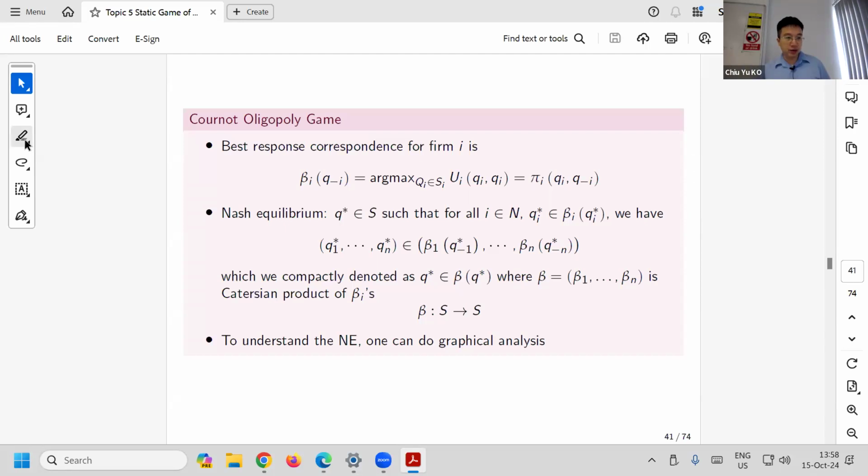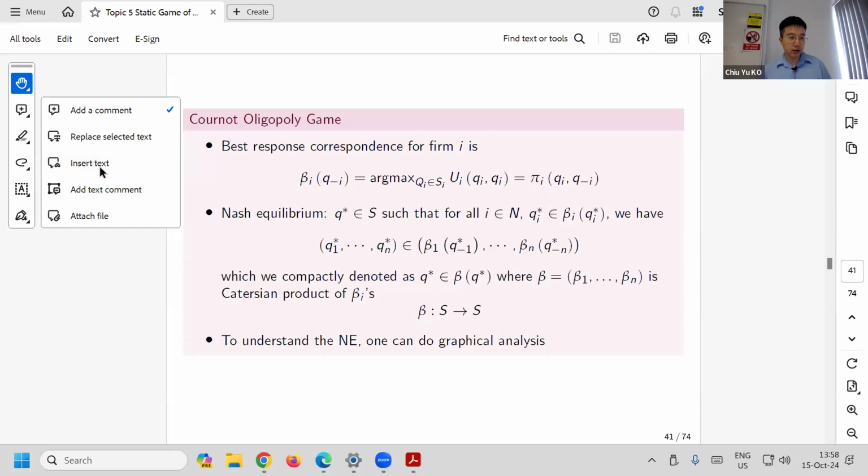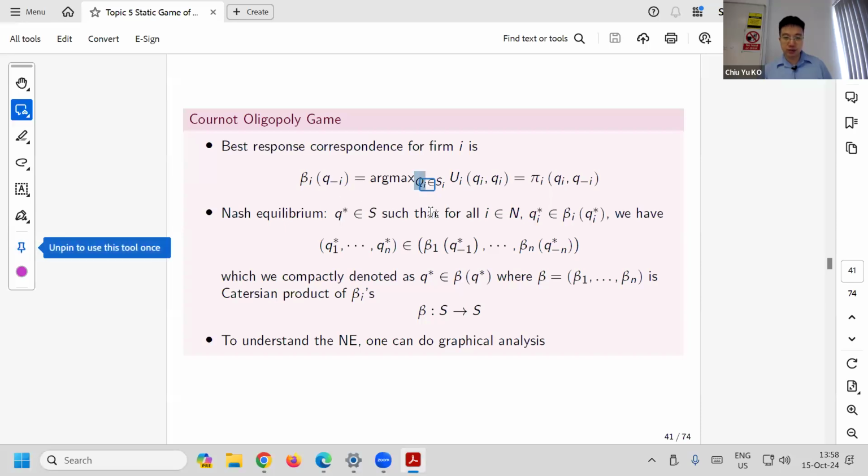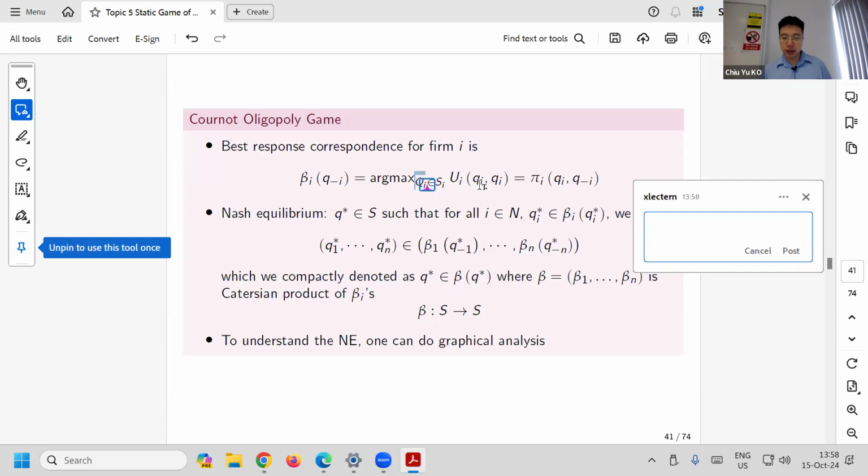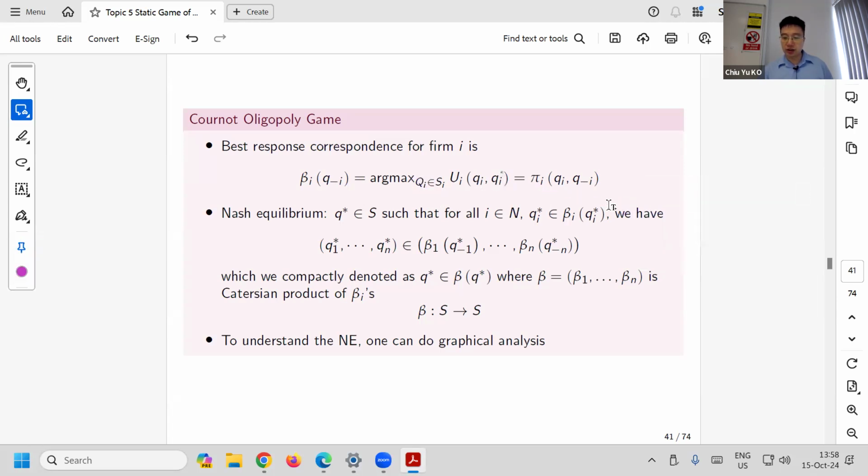Here should be a small q, and here should be q minus i. So there are two typos here. The Nash equilibrium will be all possible quantities that are in the best response for each firm. And that's why, when we collect them, that is a mapping there.